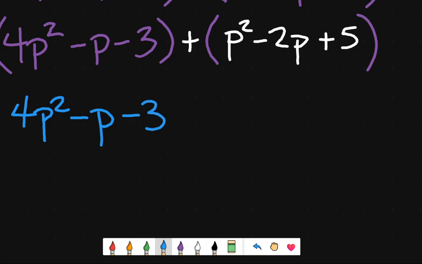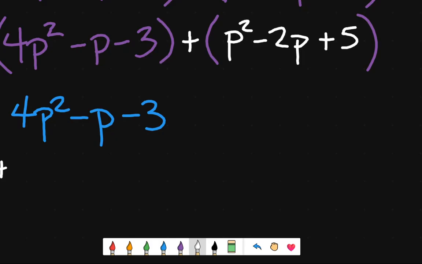I'm going to put a plus sign out here. And then I'm going to bring the p squared from the second parentheses and line it up with like terms. So what other term has a p squared in this subtracting polynomials problem?